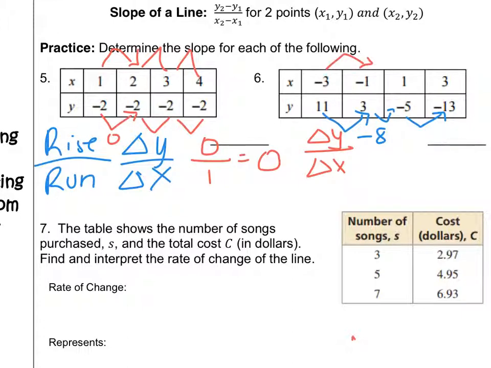This one is actually going up, and it's going up by +2. And if I look, again +2, and again +2. So my rate of change is -8 over +2. And I can reduce that down to -4 over 1, or just slope equals -4.